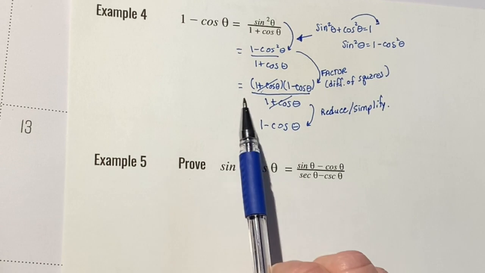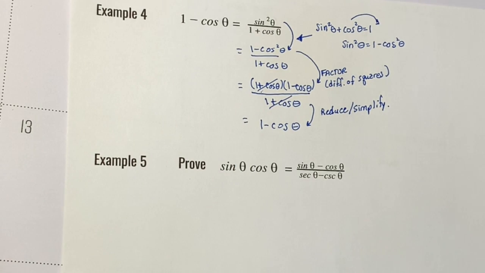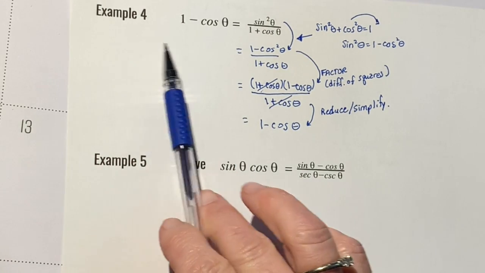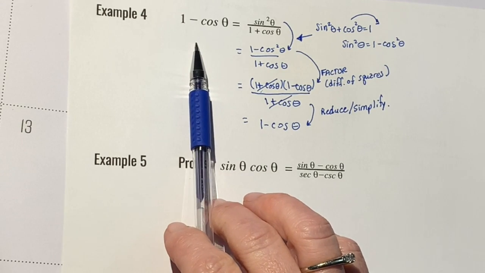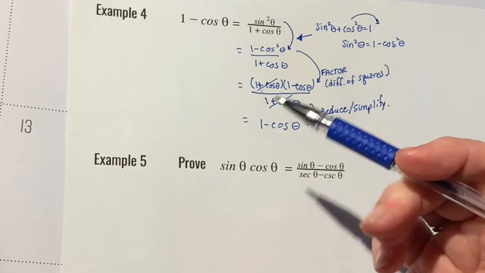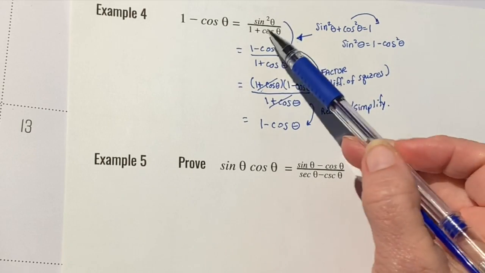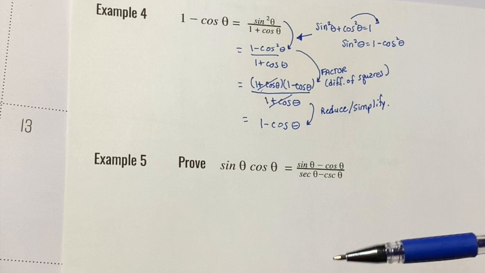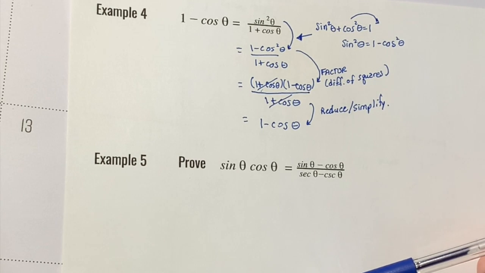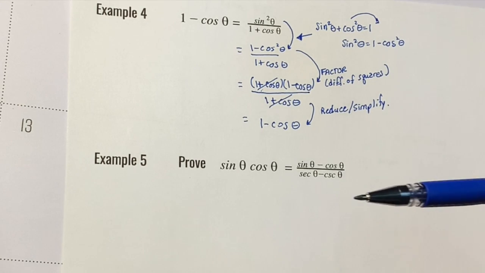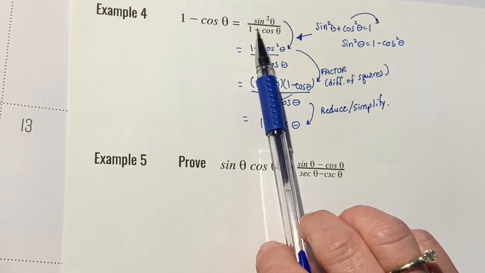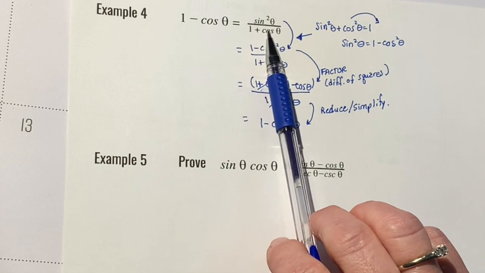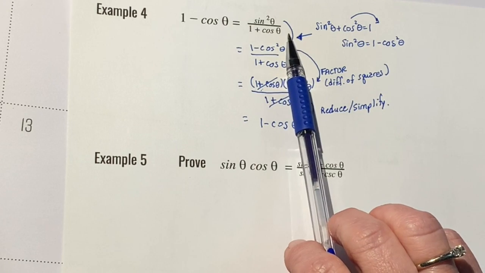Now, if you pull up the notes that were on Google Classroom for this section and look at example 4, for whatever reason that day I went a different route with it. What I did on that one is a technique we'll use on example 6 in a minute, because on example 6 we don't really have a choice. I multiplied by the conjugate. The conjugate of 1 plus cosine theta is 1 minus cosine theta.